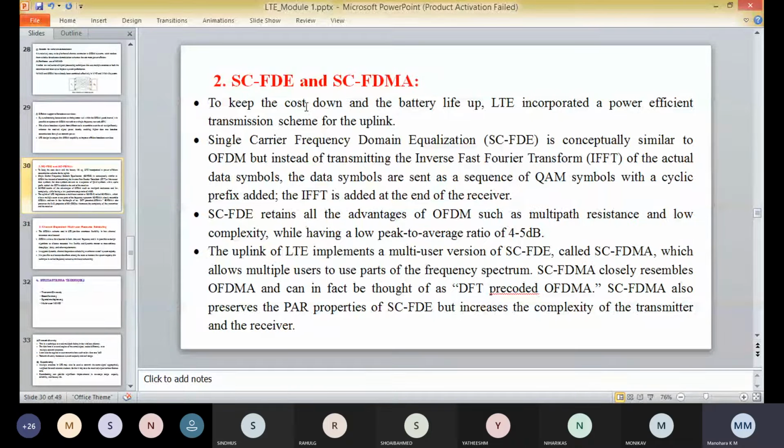SCFDMA closely resembles OFDMA and can in fact be thought of as DFT pre-coded OFDMA. SCFDMA also preserves the PAR properties of SCFDE but increases the complexity of the transmitter and the receiver.